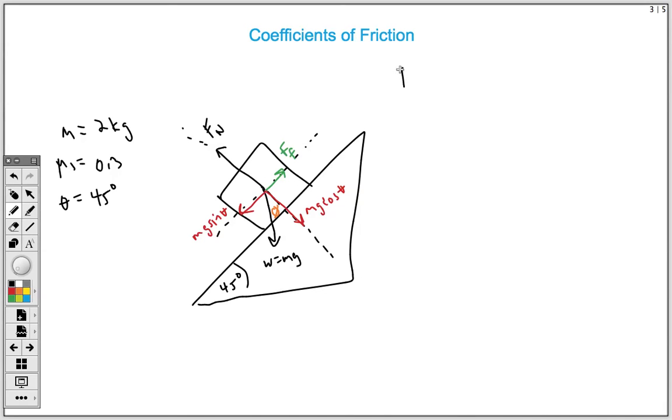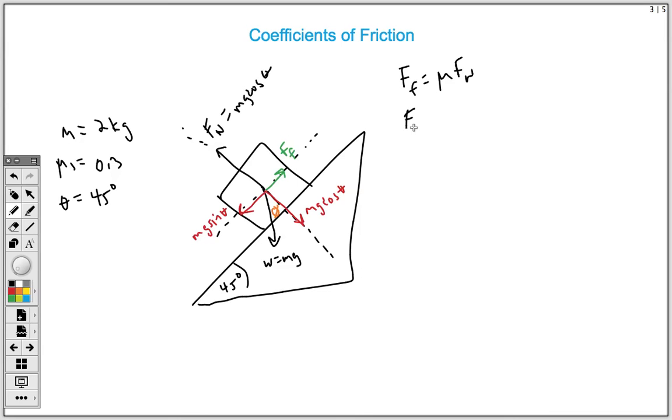Well, let's go back to our equation. Frictional force is mu Fn. What is the normal force? Well, in terms of our free body diagram here, our normal force is going to be equal and opposite to this downward vector. So our normal force is really equal to mg cosine theta.